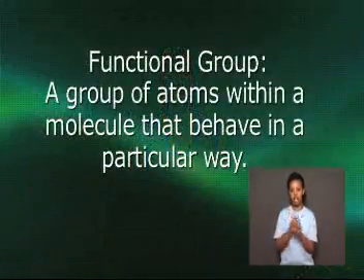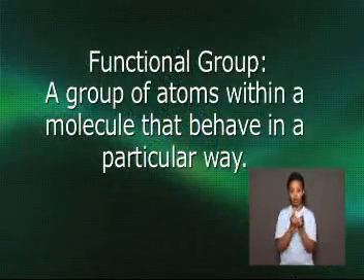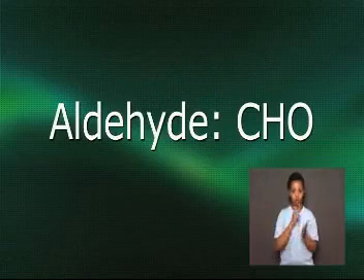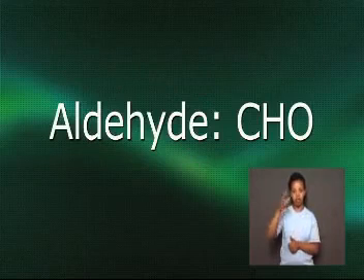A functional group is a group of atoms within a molecule that behaves in a particular way. There are 2 functional groups in monosaccharides. The first is the aldehyde group. The formula for this group is CHO.